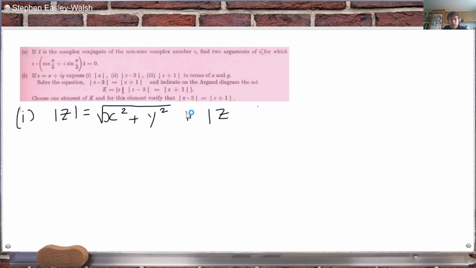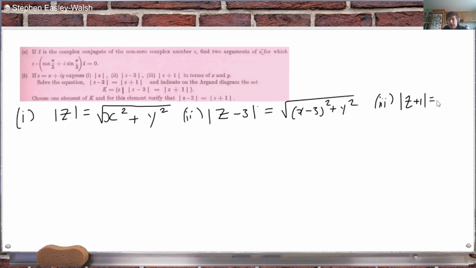Part 2, the modulus of z minus 3, that's the square root of x minus 3 squared plus y squared. And then number 3, modulus of z plus 1, ran out of space. That's the square root of x plus 1 squared plus y squared. Sorry about that, squished in.